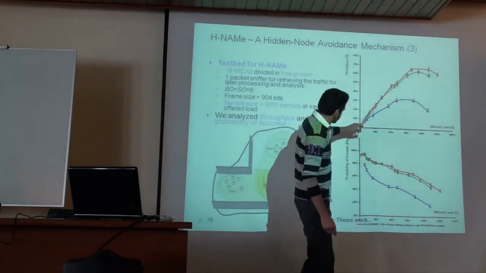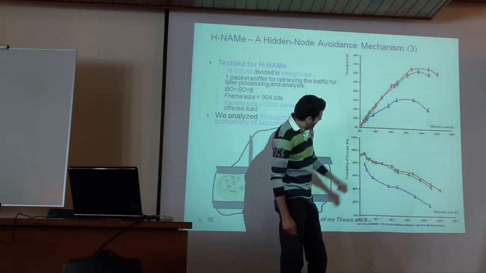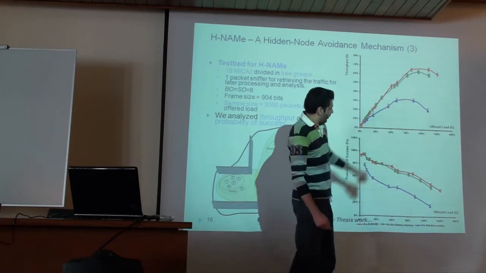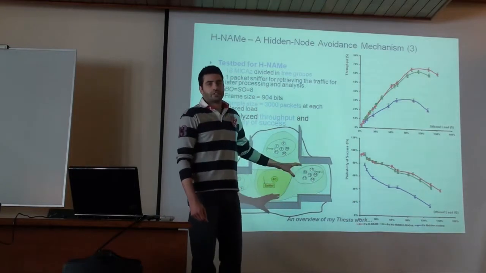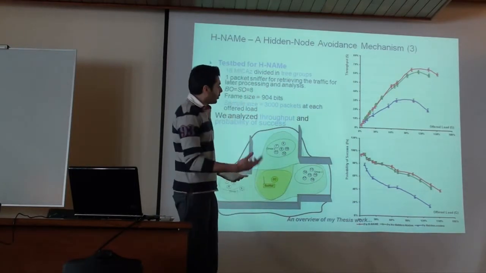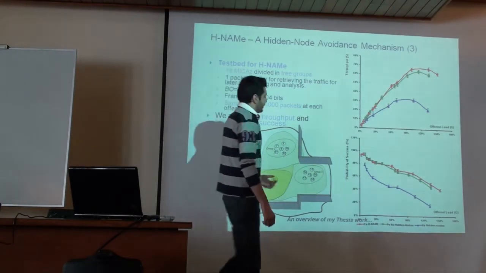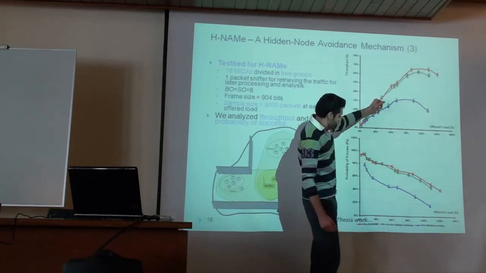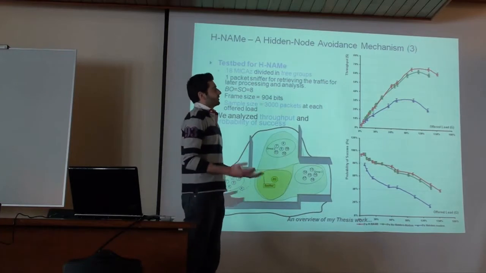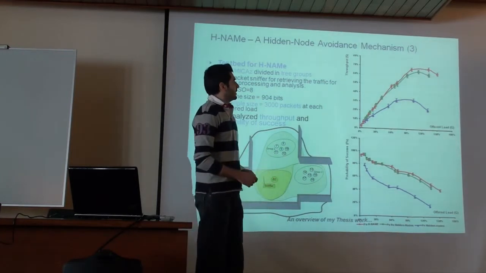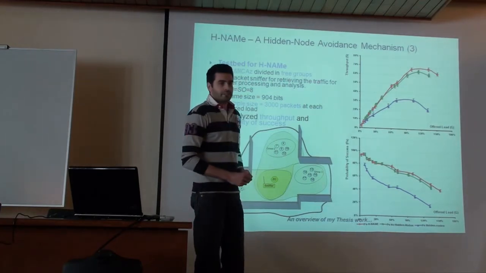Here you can see the throughput result, this is a probability of success by the way, for this test bed without HNAME, where all nodes are transmitting and with the hidden node problem. The red line is the same test bed with HNAME, which you can see is a tremendous difference in performance, over 100%.